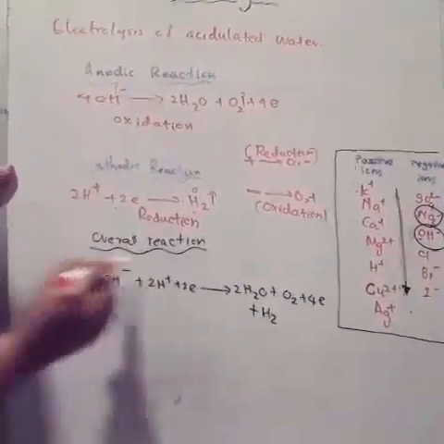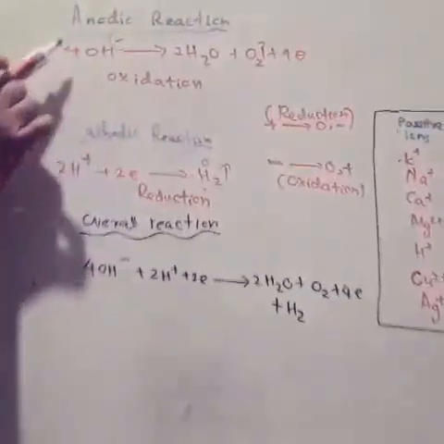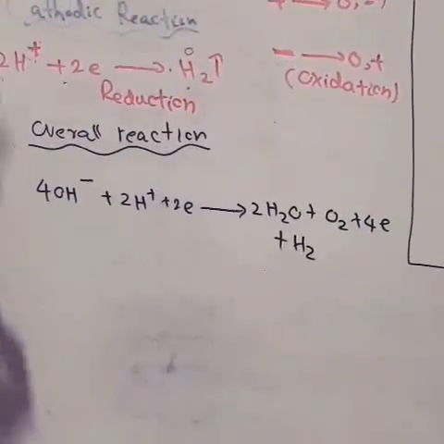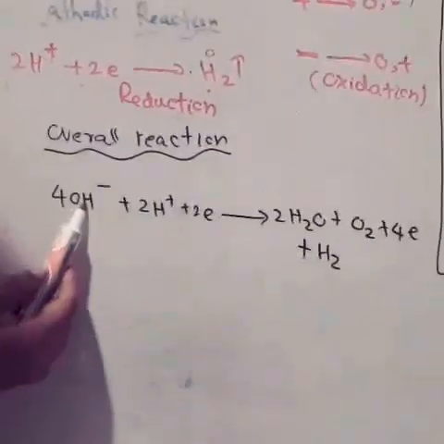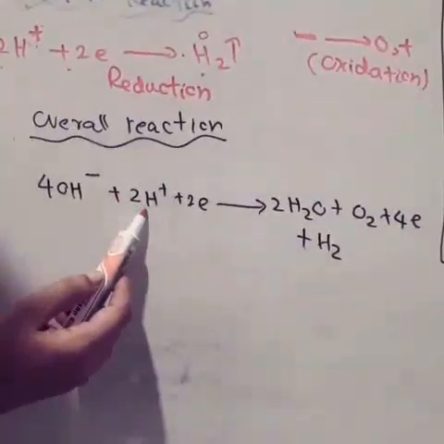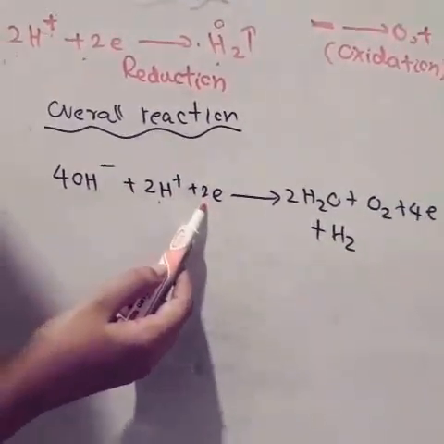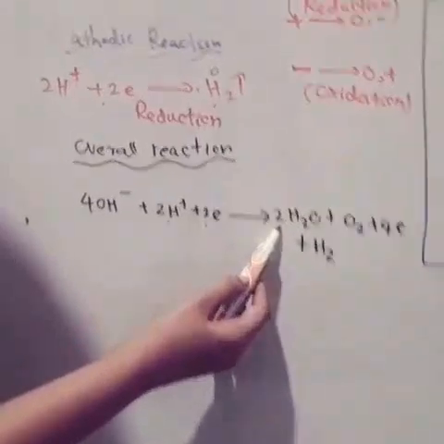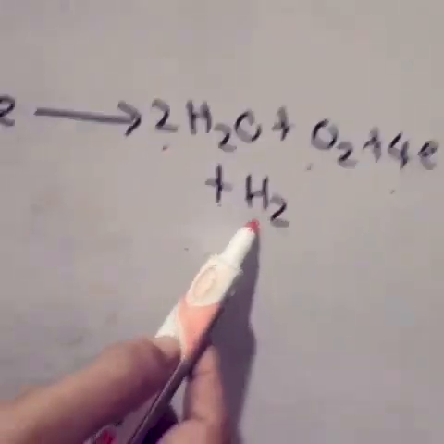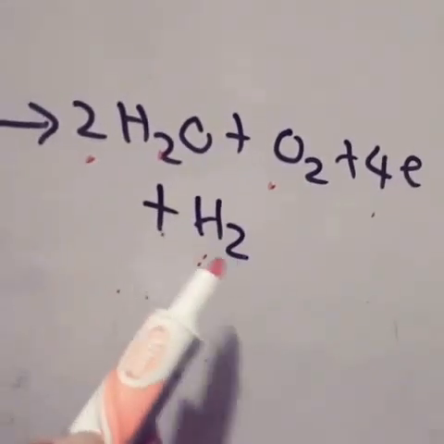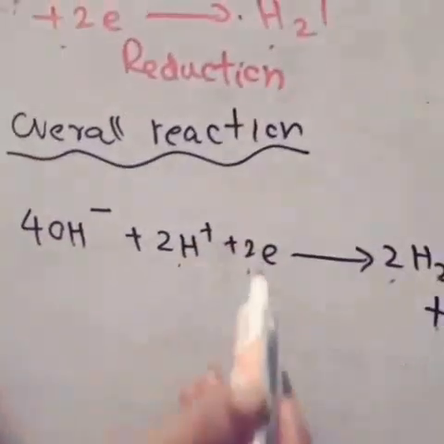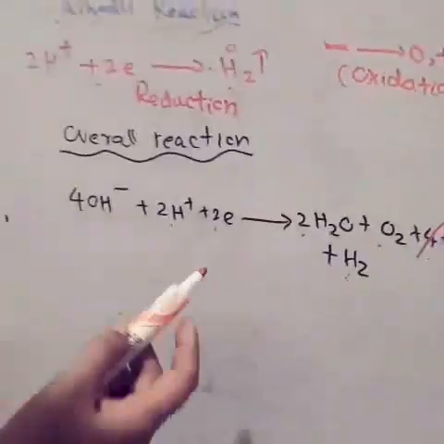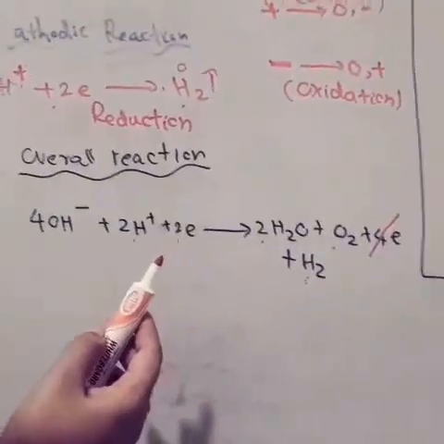And the overall reaction together, I did the sum of this one and this one. So the overall reaction is 4 hydroxide plus 2H plus 2 electrons turning into 2 water molecules with 1 oxygen molecule, 4 electrons and 1 hydrogen molecule. 4 electrons here and 4 electrons there. Look at it again.